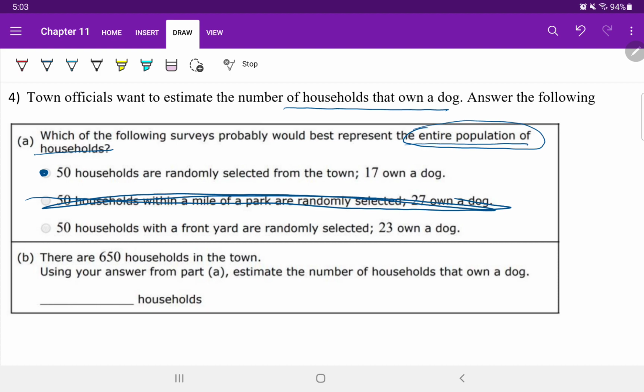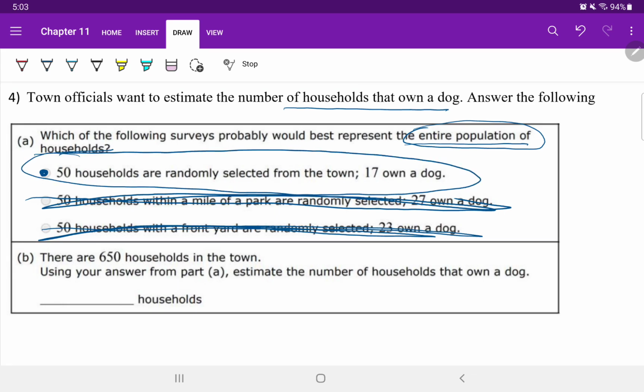If you're only focusing on houses with a front yard, you are not going to have an accurate representation of the town, of the entire population of households. This should not be selected. You want to be as objective as possible and choose the answer that gives you the most objectivity.